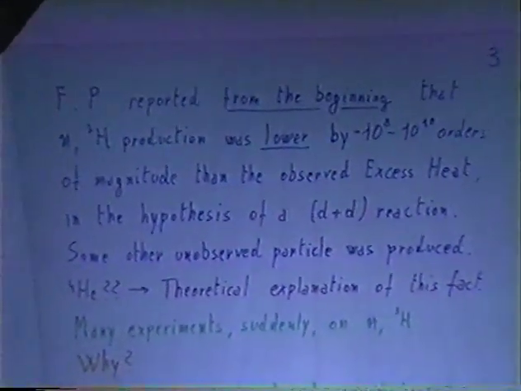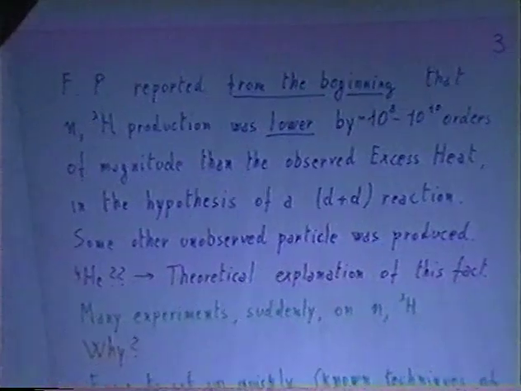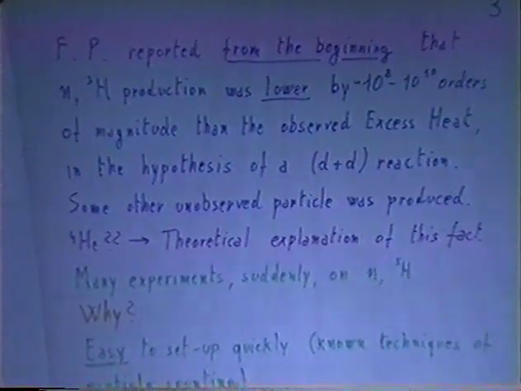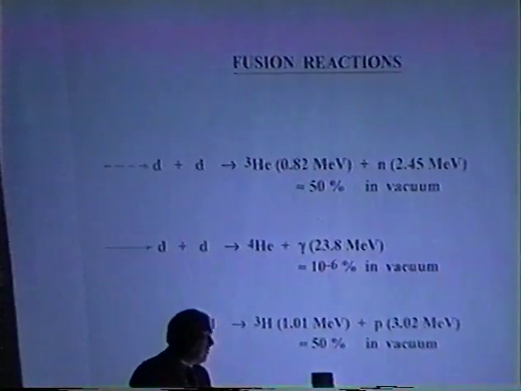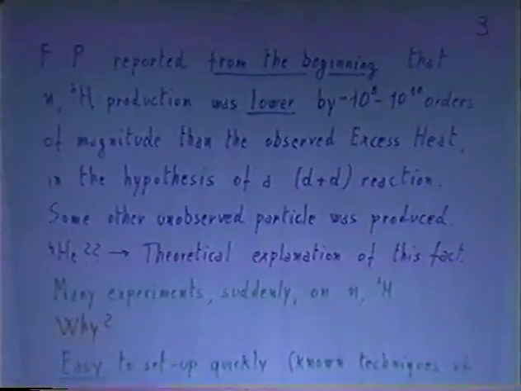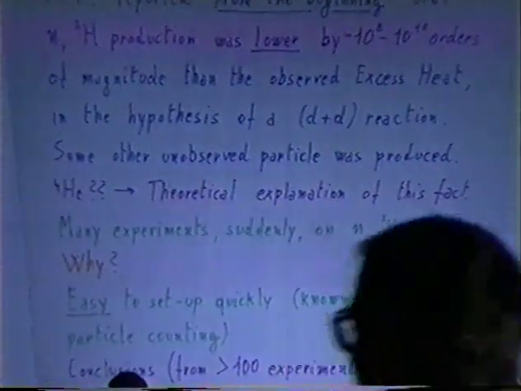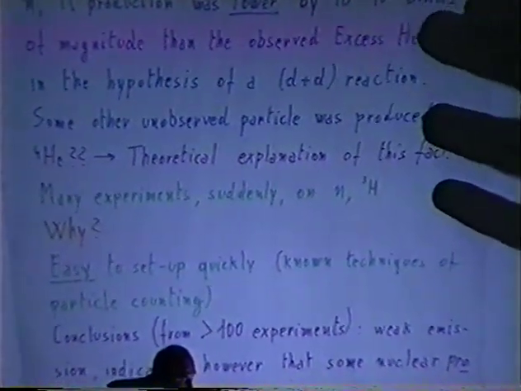In the first paper of Fleischmann and Pons, they said clearly that neutron and tritium production, the obvious candidates for nuclear ashes from the known DD reaction in vacuum, even if measured with very poor experimental methods, were absolutely unable to explain the observed excess heat. They were lower by 10 to the 8, 10 to the 10, depending on the measurements, orders of magnitude.